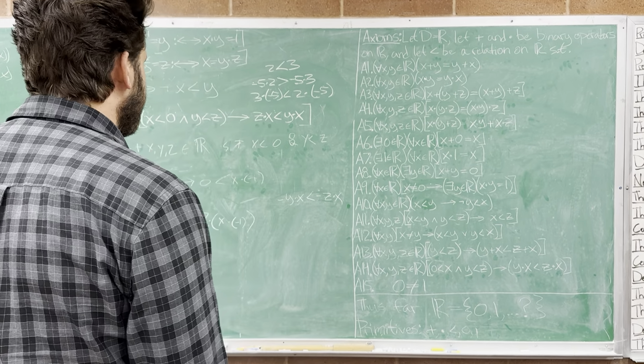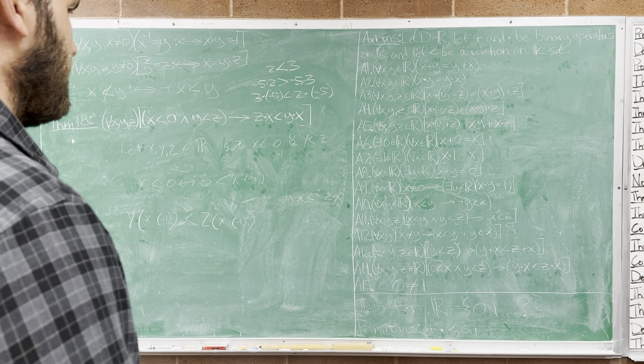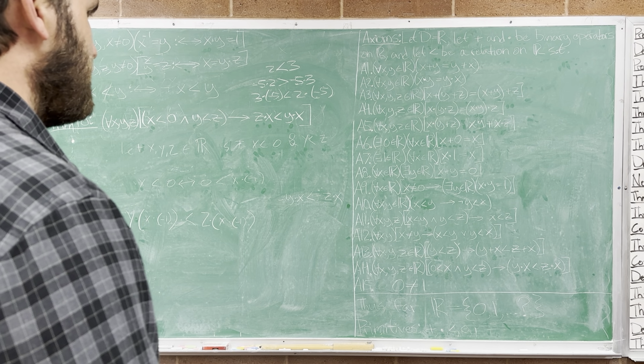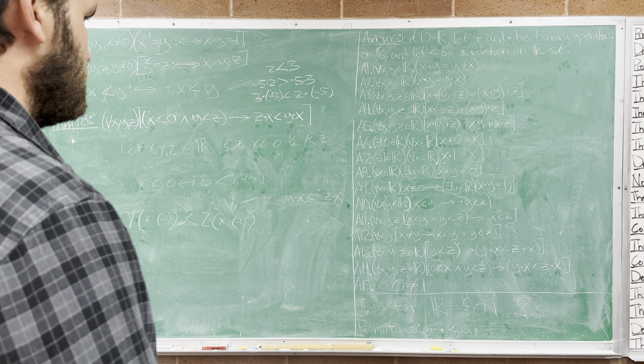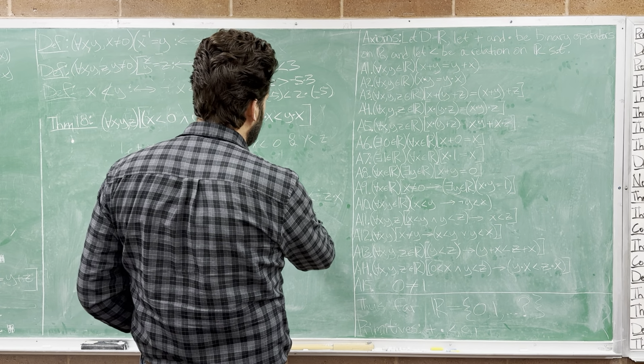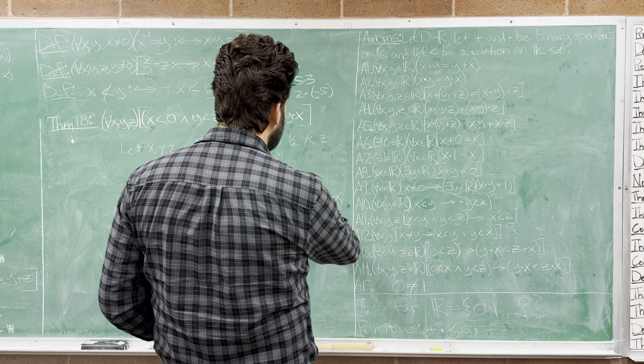Oh, so I could times both sides by negative x, and that would give me... no, it's not what I want. Or times it by negative 1. I'm trying to get this. This is what I have: negative y times x is less than negative z times x.